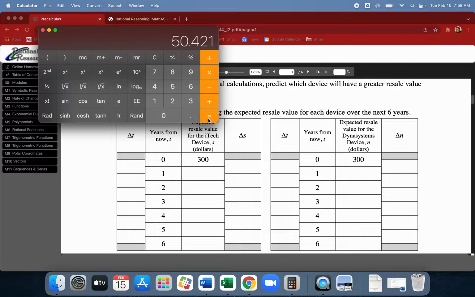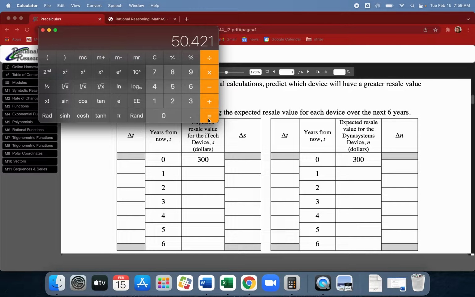So what was that left? 210? After 3 years, it's down to 210, whereas this one was 210 after a single year. But this one keeps dropping by 45 all the time. The one on the left is dropping by increasingly small numbers.